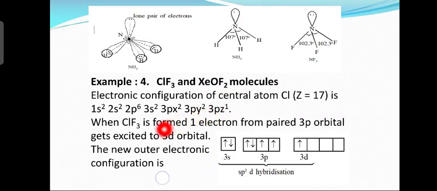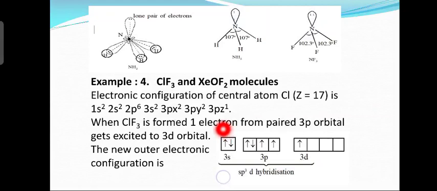Now when chlorine trifluoride is formed, one electron from the paired 3p orbital, the 3py orbital, which has paired electrons, gets excited to the 3d orbital. You can see the box diagram here.